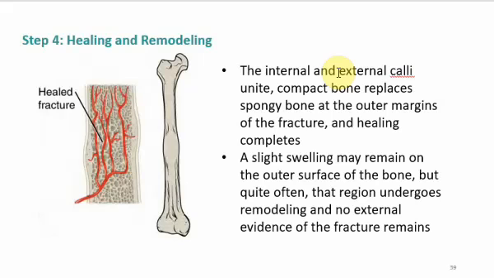So as cartilage gets replaced by bone, the internal and external calli eventually unite, and we now have compact bone replacing the spongy bone that was initially formed from the cartilage. Okay, so compact bone will form on the outer margins of the fracture, and that completes the healing process.